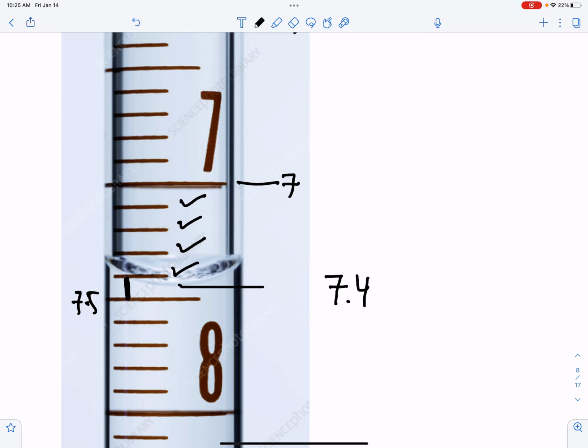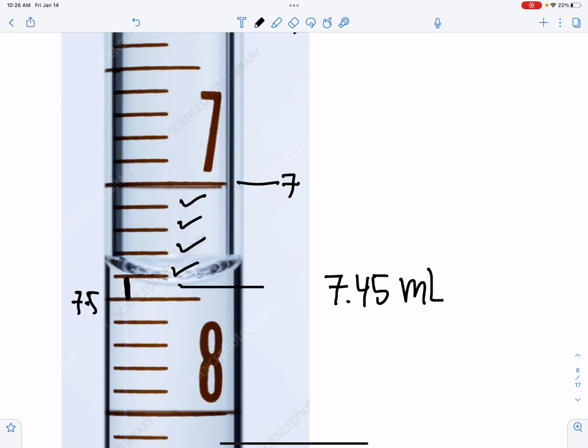So I'm gonna take between 7.4 and 7.5, and in my mind, break it into 10 small similar places. So I'm gonna estimate that, if I have 10 lines in there, then that's gonna be halfway, which is 5 lines. So for this particular measure, I'm gonna call it 7.45.